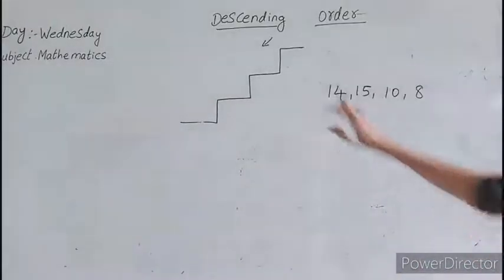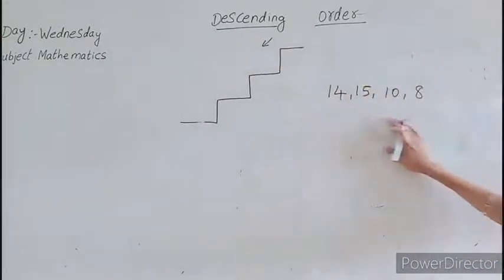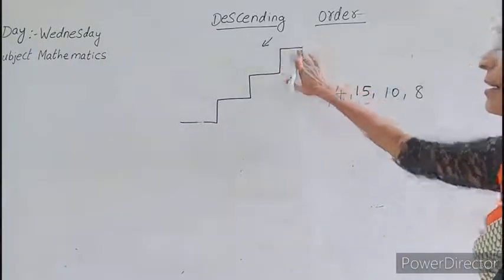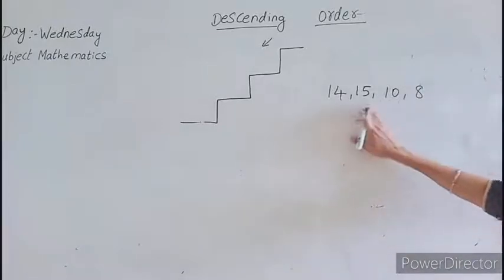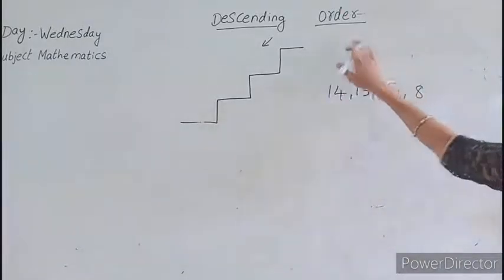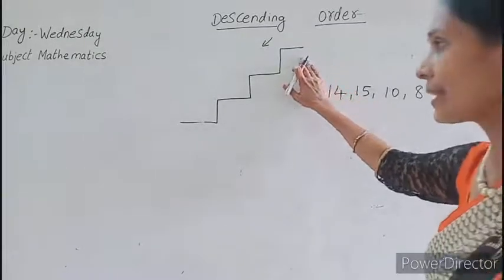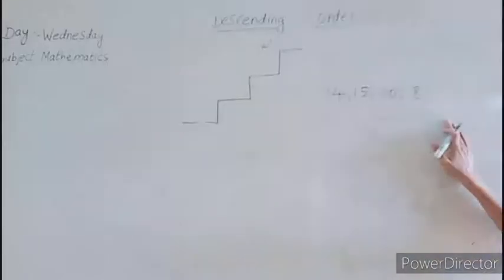Now see the descending order. Among these numbers, which number will come here, beta? At the very first, the greatest number. We will go from greatest number to smallest number. Among these numbers, which is the greatest one?